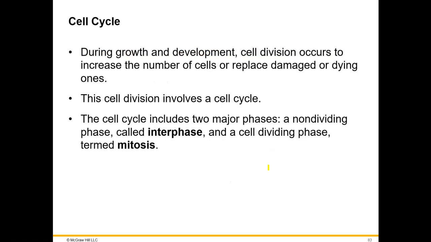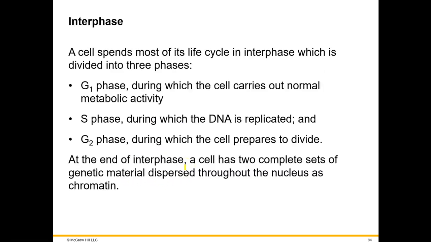The cell cycle includes basically a dividing phase and a non-dividing phase. So the cell cycle is going to include interphase, which is the non-dividing phase, and then it's going to include the dividing phase called mitosis. Interphase, when the cell is not dividing, is going to consist of the G1 phase, the S phase, and the G2 phase.